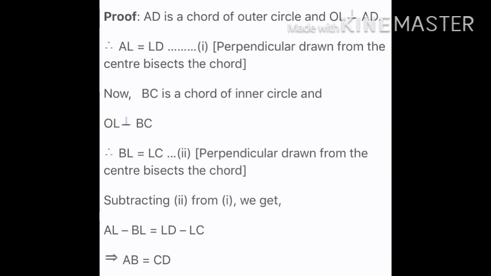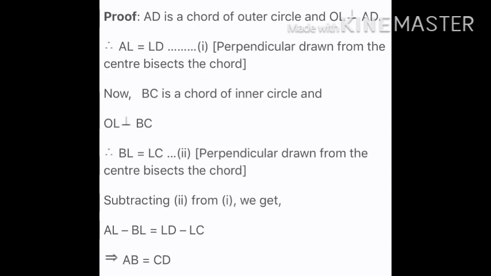Proof. AD is a chord of the outer circle and OL is perpendicular to AD. AL is equal to LD. This is the first, since a perpendicular drawn from the center bisects the chord. Now BC is a chord of the inner circle and OL is perpendicular to BC.